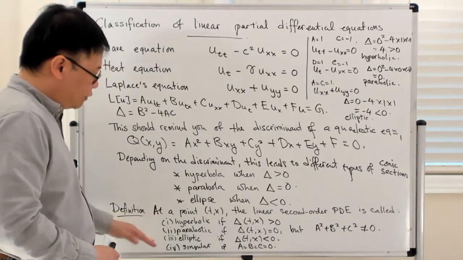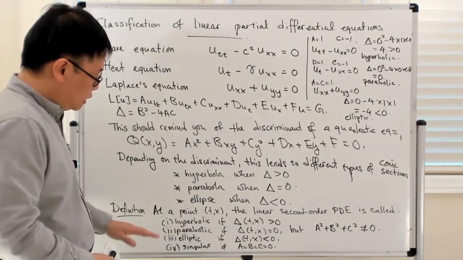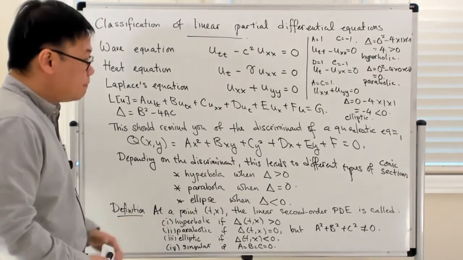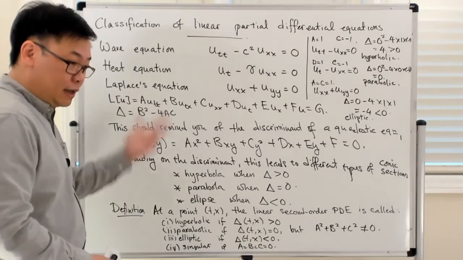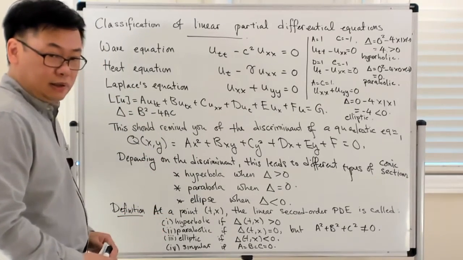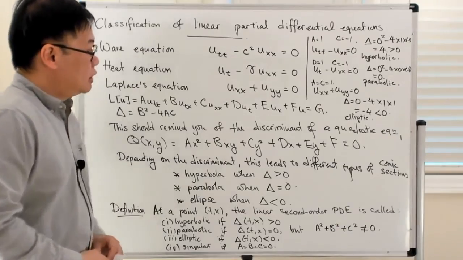So you have numerical methods for hyperbolic systems, for parabolic systems, and for elliptic systems. Okay, so with that in mind, we'll start talking about numerical methods for some of these types of PDEs. Right, so let me stop here.